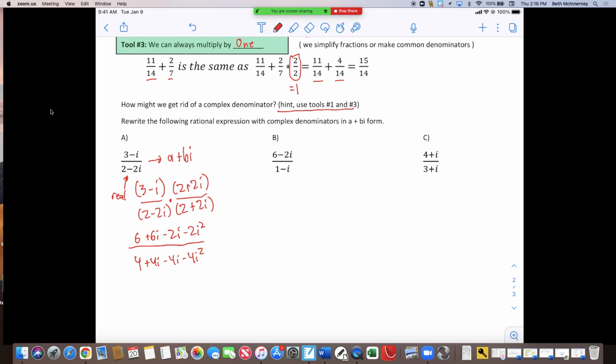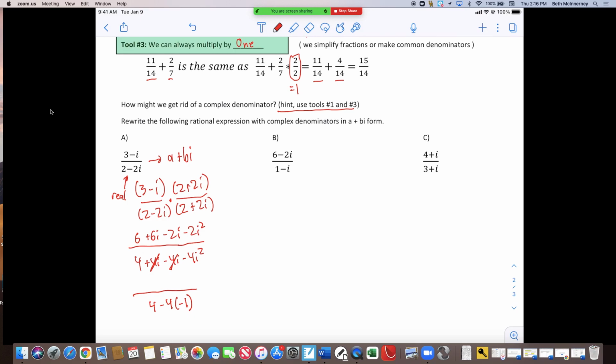And now you see in the denominator, these two i terms in the middle, they're the opposite, like we talked about before. They're going to cancel each other out. So you're going to be left with in the denominator 4 minus 4i squared, which we know what i squared is, right? Negative 1. And so now we've shifted our denominator into a real value.